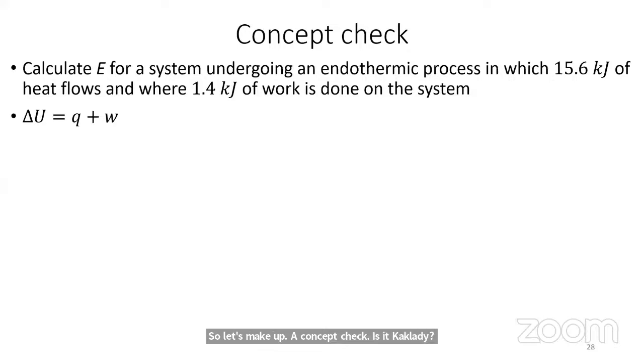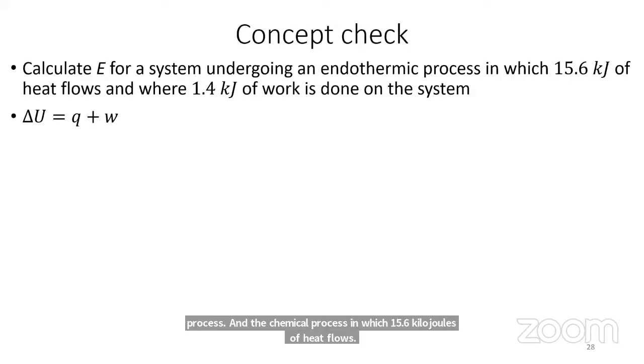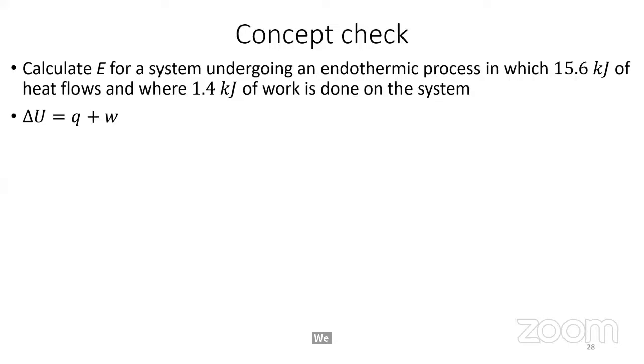Your change in internal energy, sometimes you can see it as change in U or your change in E. It can be E, it can be U. So calculate change in E for a system undergoing an endothermic process in which 15.6 kilojoule of heat flows, where you have 1.4 kilojoule of work done on the system.